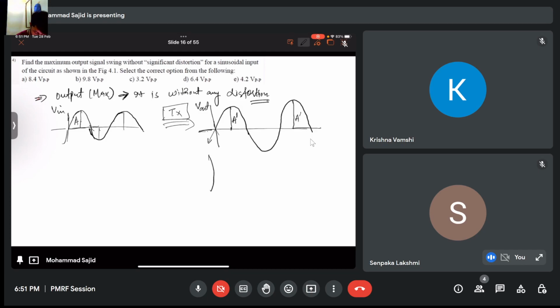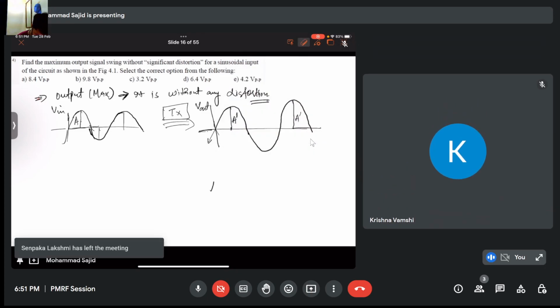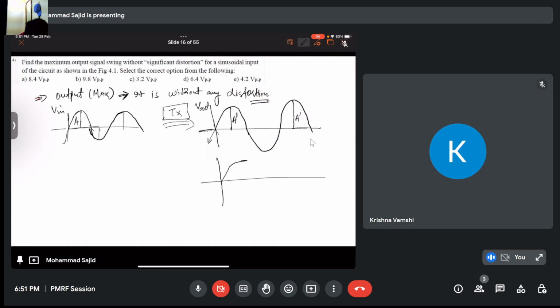But if I get an output signal such that there is this behavior, this is called a distorted signal.